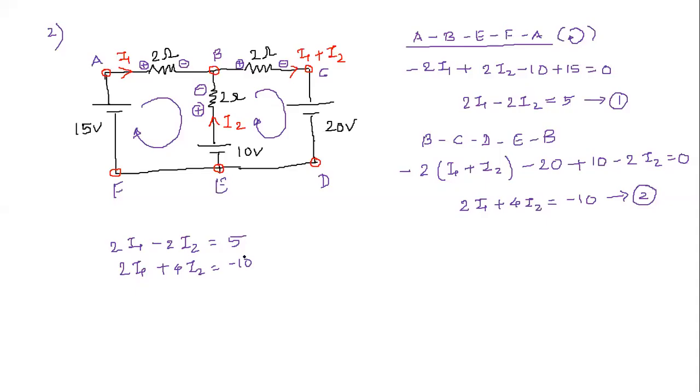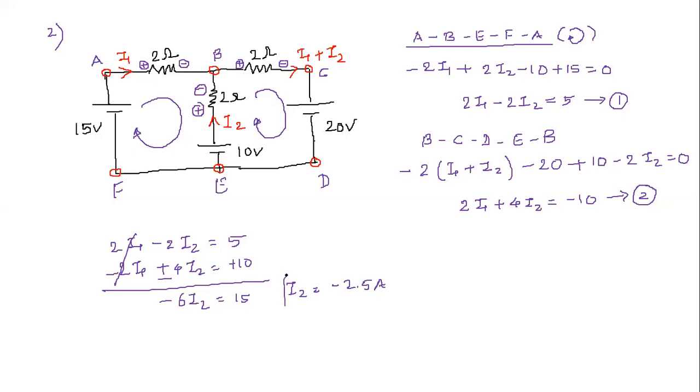Instead of that, if I multiply this by negative, I'll be getting this one positive, right? I hope you are comfortable with solving simultaneous equations. So this will be minus 6I2, which is equal to 15. And what we have got, I2 is equal to minus 2.5 ampere.